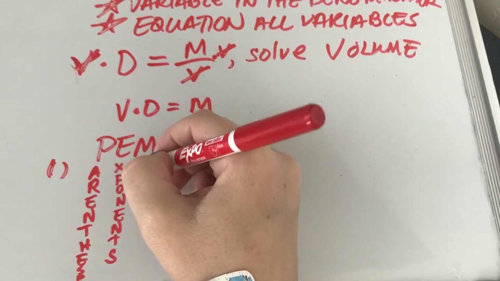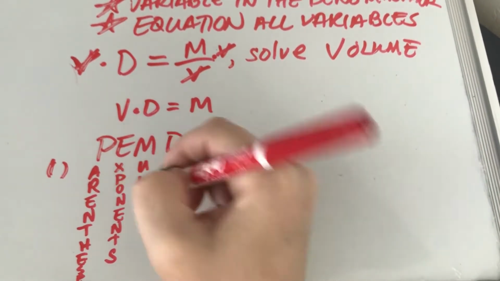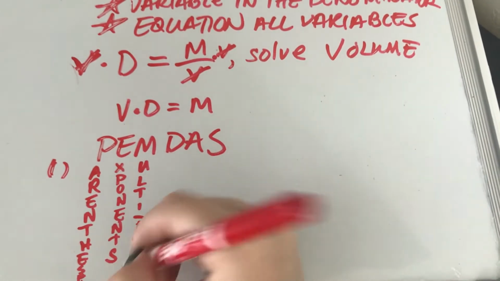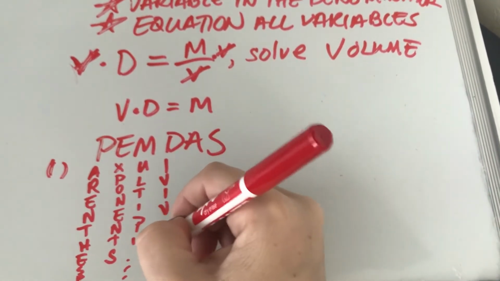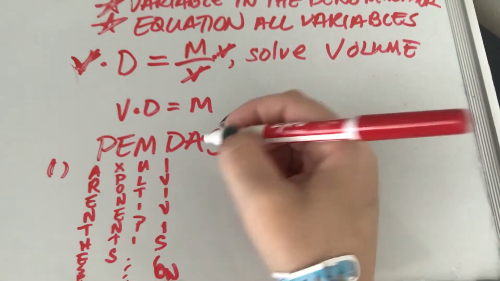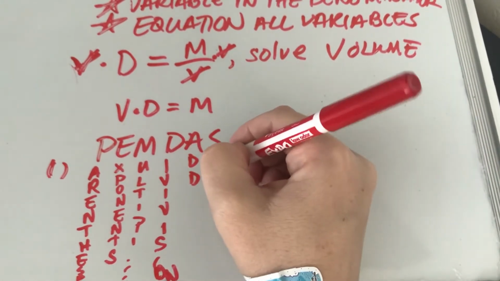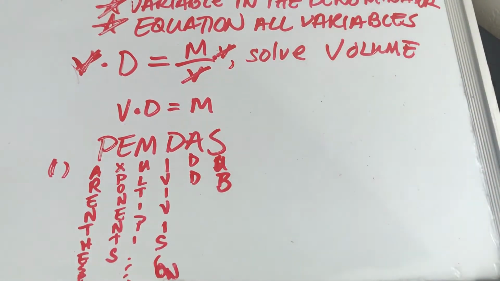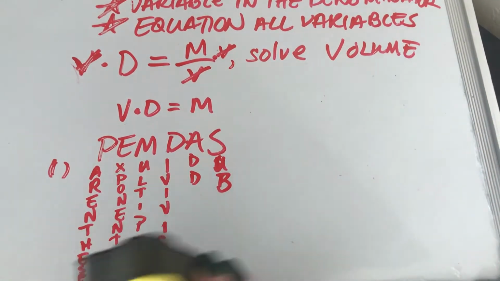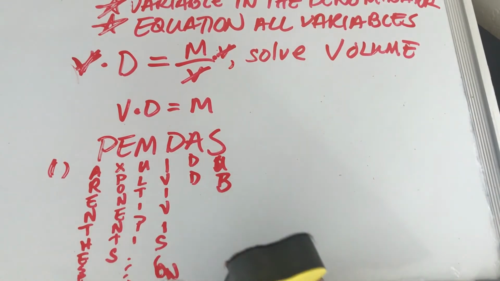This is multiplication and division, addition, and subtraction, right? So this is just talking about the order of operations. And we'll talk about this when we get into some slightly more complicated guys.